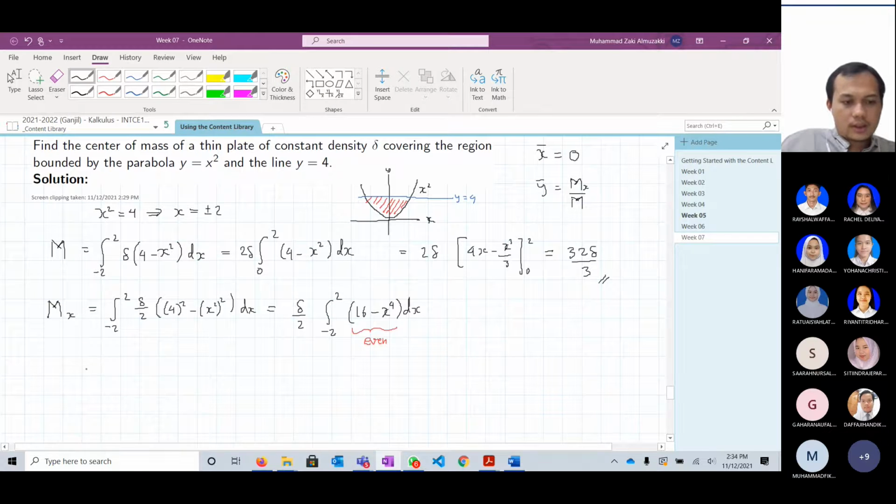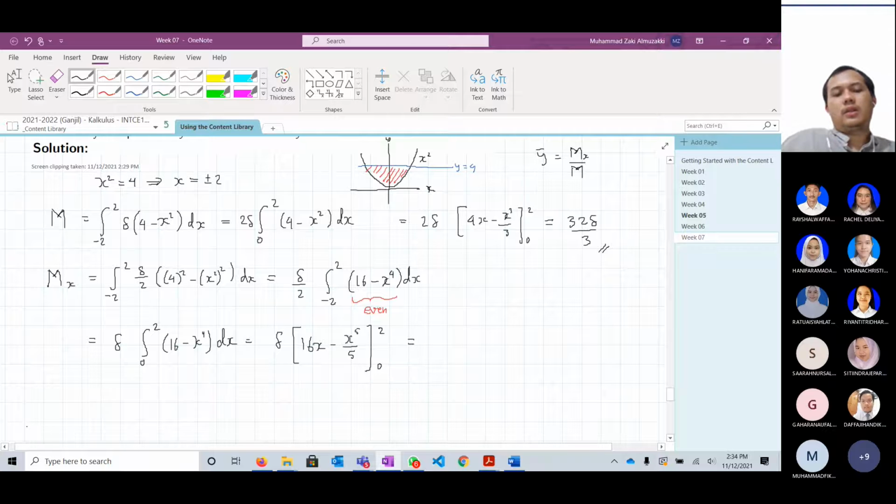So the integral becomes delta times the integral from 0 to 2 of 16 minus x to the power 4 dx, which is delta times 16x minus x to the power 5 over 5, from 0 to 2.